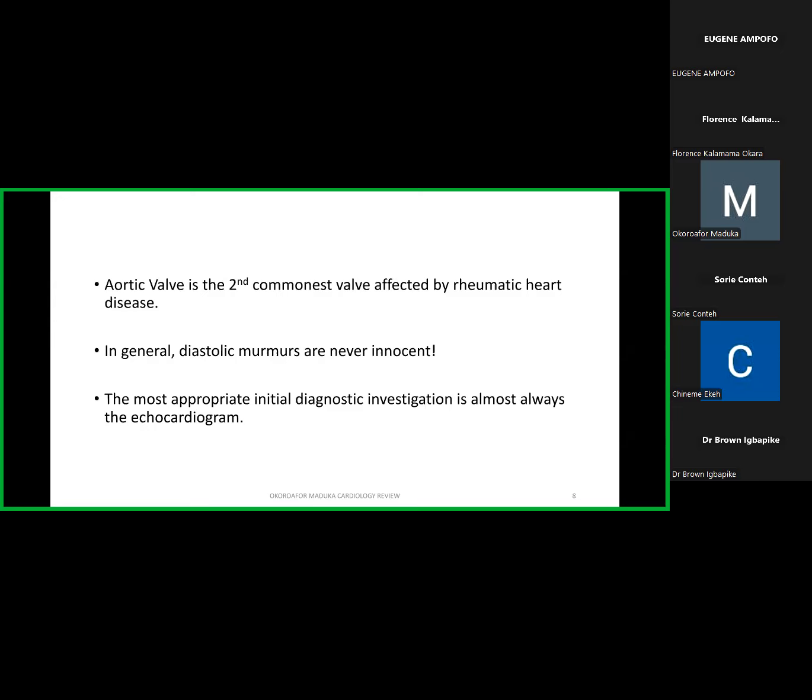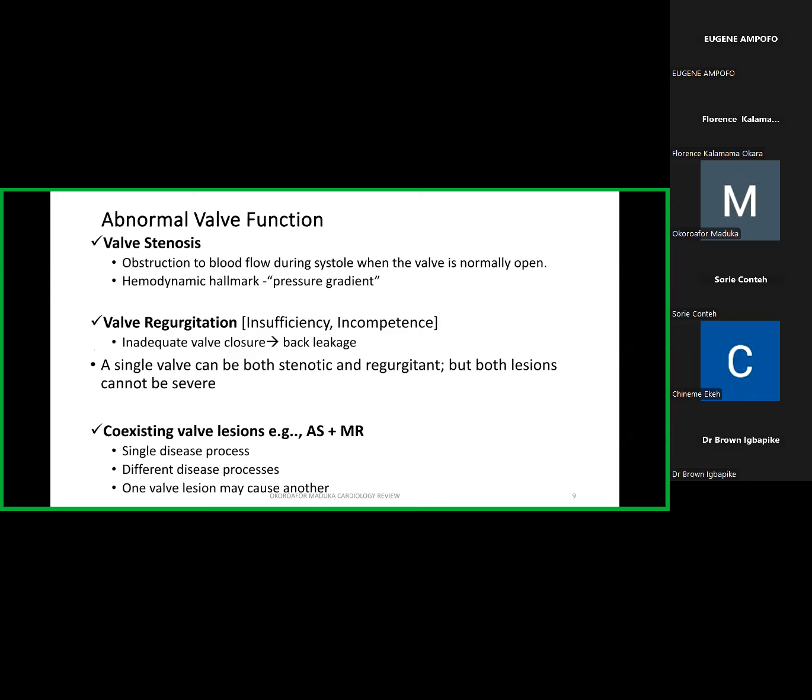In the aortic valve affected by rheumatic heart disease, in general, diastolic murmurs are never innocent. The most appropriate investigation is almost always the echocardiogram.